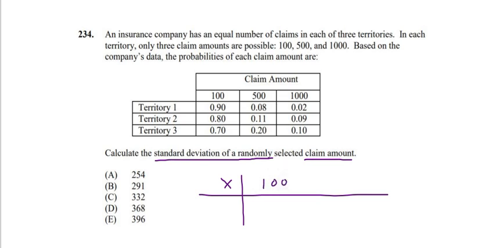100, 500, and 1000, right? So what is the probability for each? So here we have 3 locations, but we pick them for each.